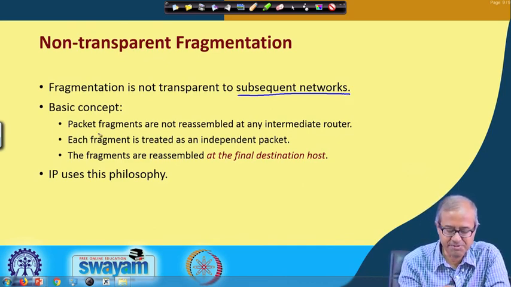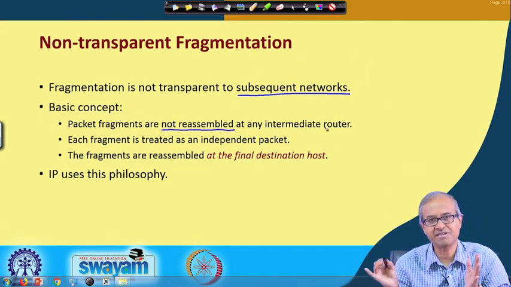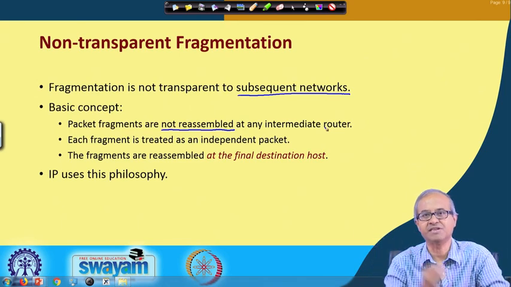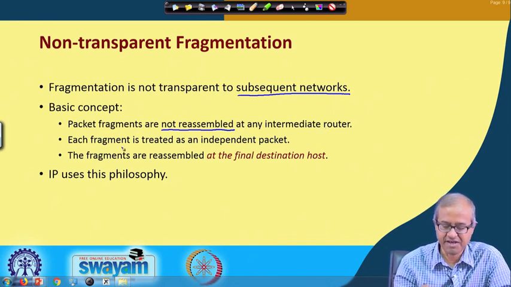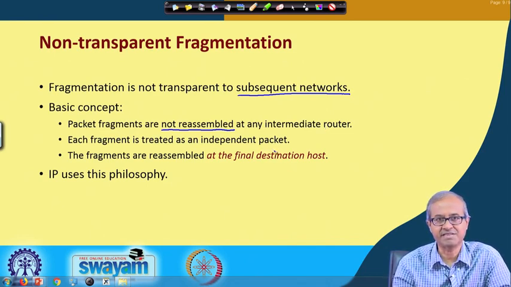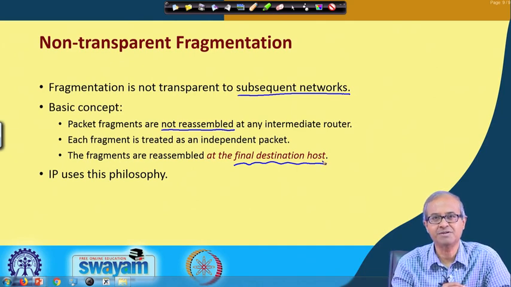So, the basic concept is that the fragments are not reassembled at any of the intermediate routers. Fragments are created and allowed to flow to the destination through the intermediate networks or routers wherever they are. Each fragment is treated as an independent packet, as I said, and the responsibility of reassembling the fragments lies with the final destination host.